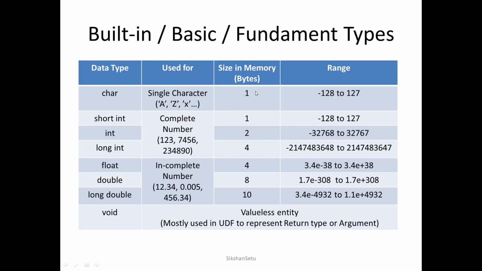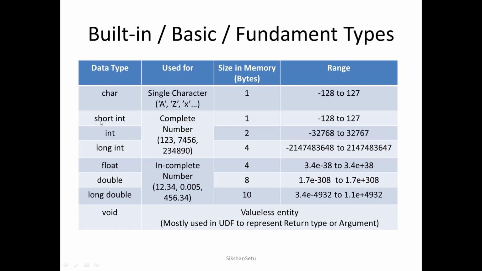Now when you declare any variable of character type, it will occupy 1 byte in the memory. 1 byte means it is 8 bits and the range is this. We'll see how this range is calculated in the later part of this video. Then, in the integer part, integer has 3 variants: short integer, integer and long integer.